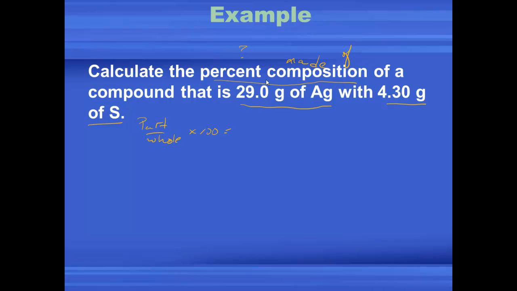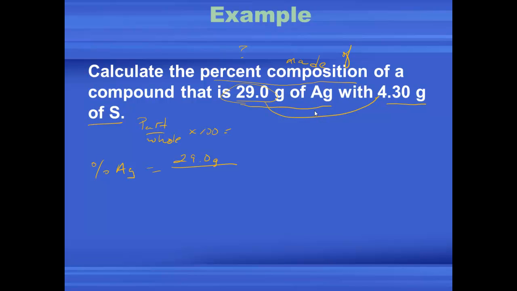So since it doesn't specify, I'm just going to use my silver first. So let's say I am curious about the percent Ag in the compound. Well, my part is 29.0 grams of silver. My whole, in this case, is the mass of these whole things, both those things added together.